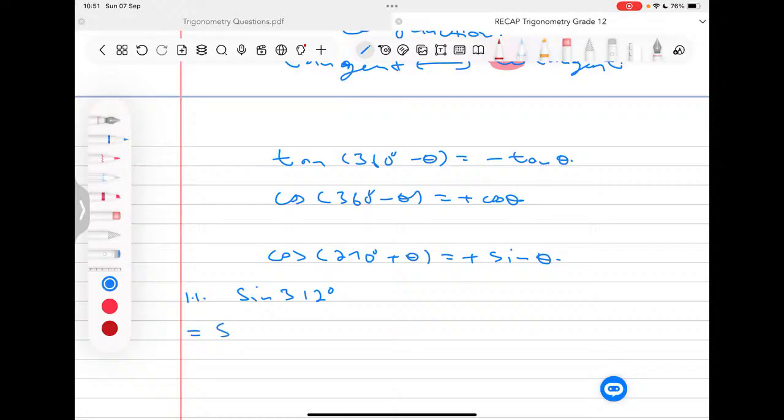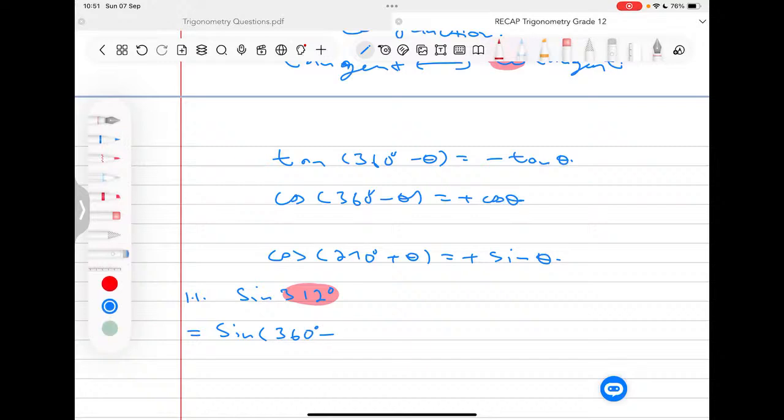The first thing that you'll do is rewrite this as an angle in one of the quadrants. You have to notice that this angle, 312, is in the fourth quadrant, and in the fourth quadrant we define angles as 360 degrees minus theta.